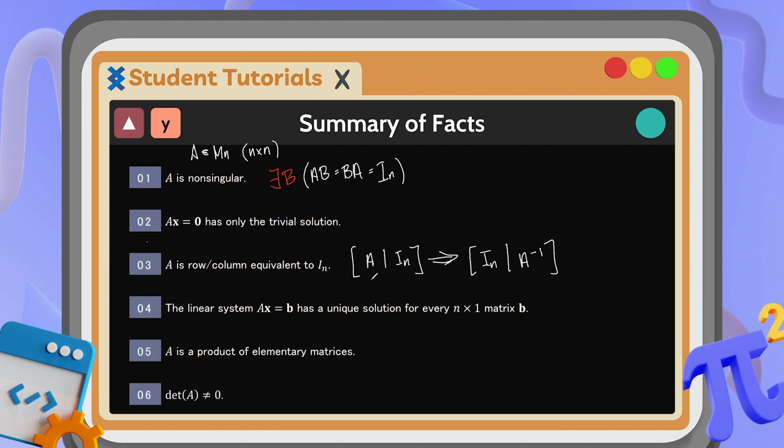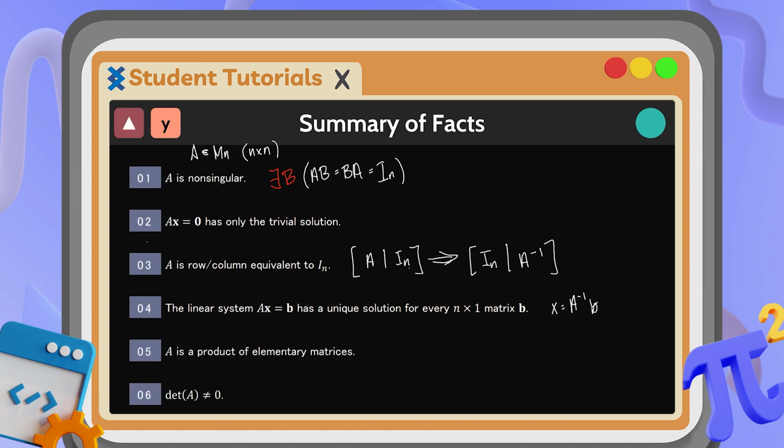And because of this, fact number 4 would follow, wherein the linear system has a unique solution for every n by 1 matrix B, meaning x would be equal to the inverse of A times B. The solution would be unique because the inverse of A is always unique.